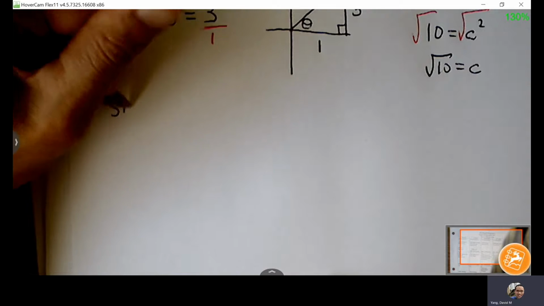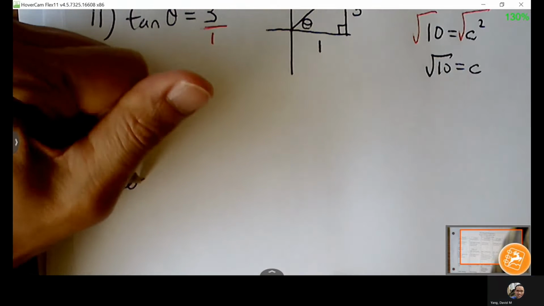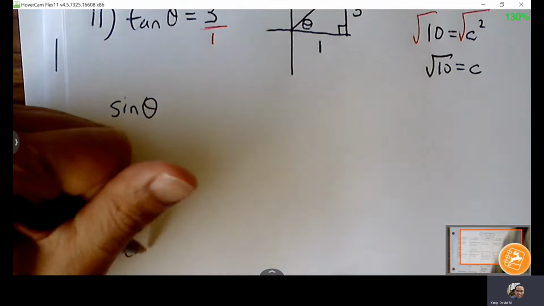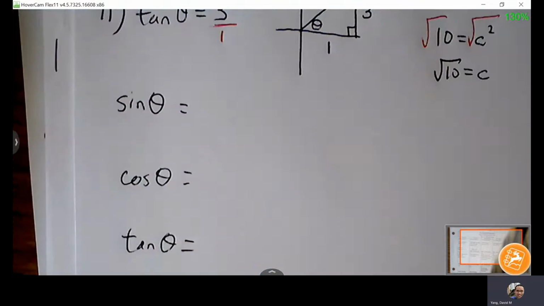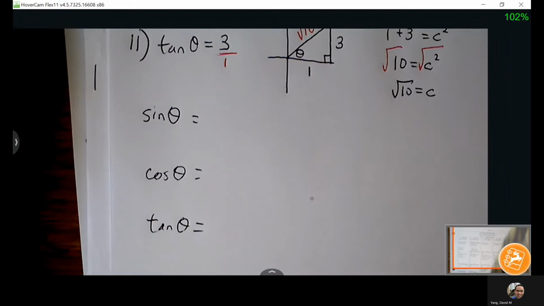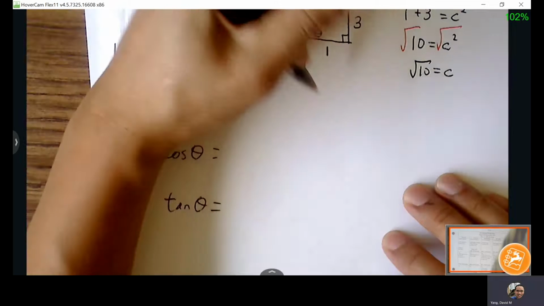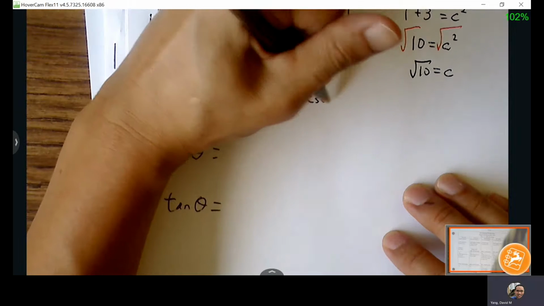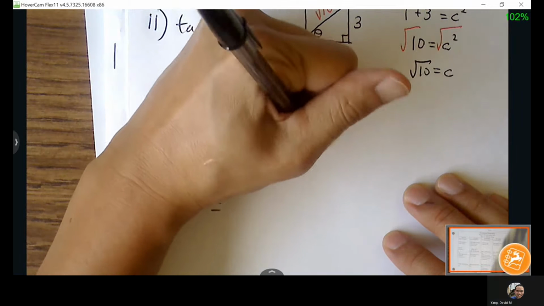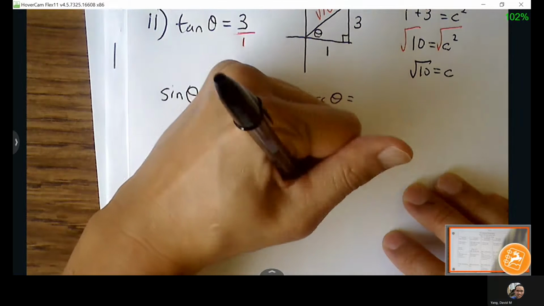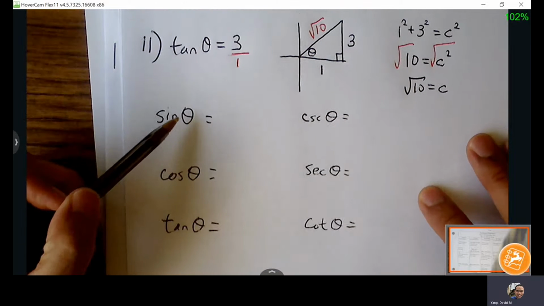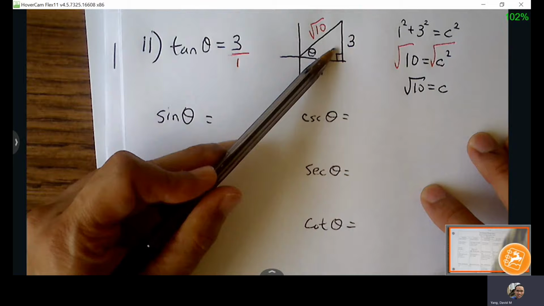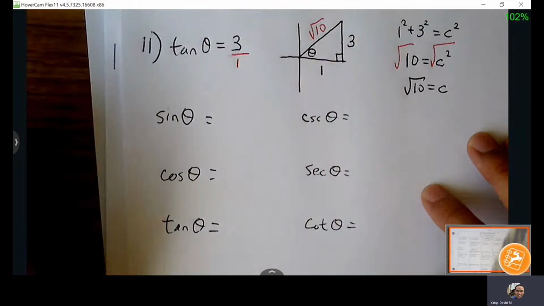So I can say sine of theta, cosine theta, tangent theta. Sine is opposite over hypotenuse, so 3 over root 10.